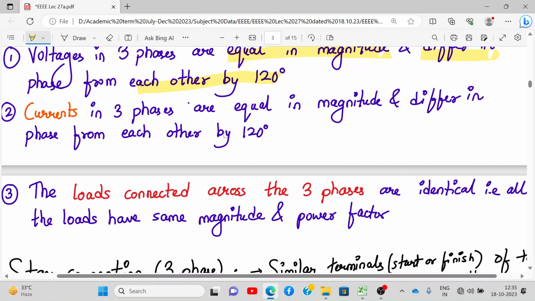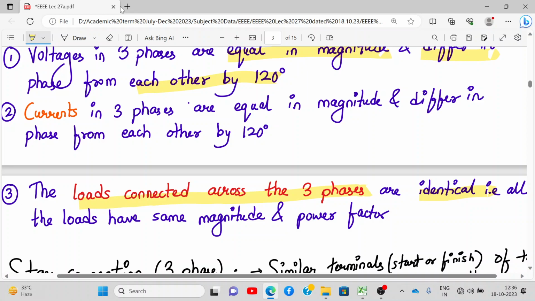Write down the third point. The loads connected across the three-phase system are identical.